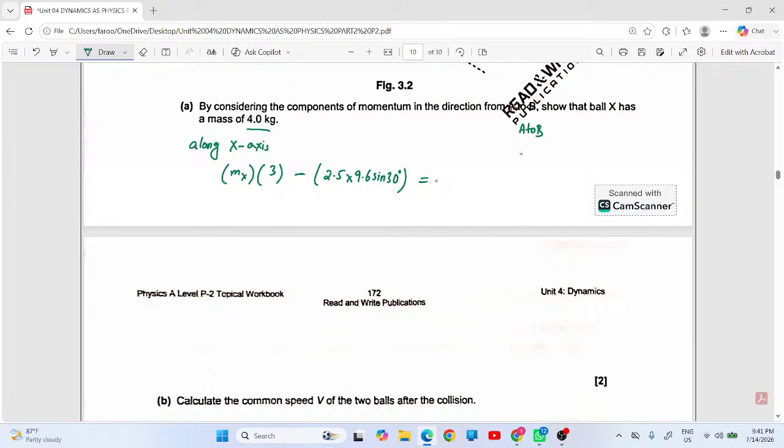After the collision they are not moving along the x-axis, they are moving along the y-axis, so momentum along x-axis is 0. Check that: the answer is 4.